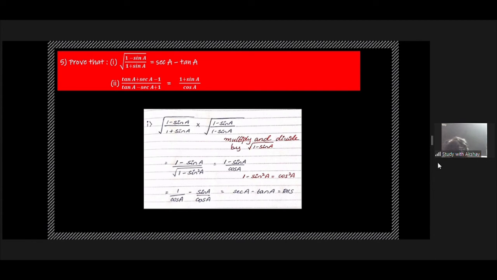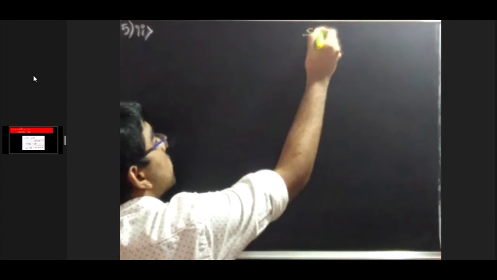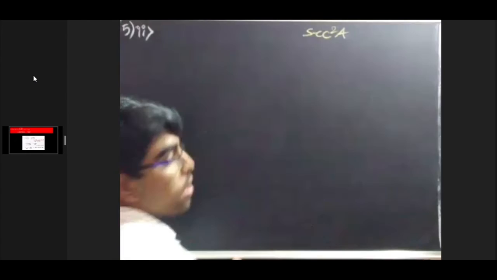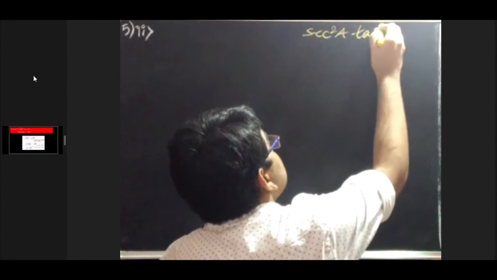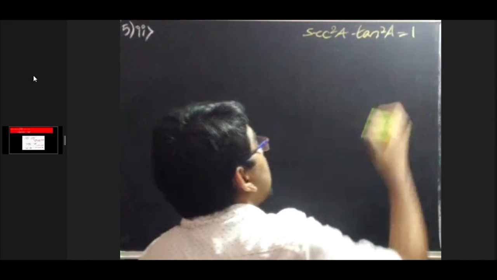Before I go ahead with the LHS part, let me just write one thing and then start. We know that secant square A minus tan square A equals 1.